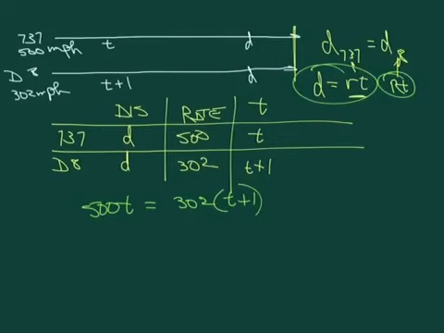Okay, we're going to say that they're equal to each other because this is distance and this is distance. rt is the same as distance, and the distances are the same, so our rts are the same. And then you just do the math to figure out what t is. But this is the general formula. Once you get that formula, you should be able to do fine and figure it out from there because you'll find the time. And the time is going to be a little more than an hour and a half.